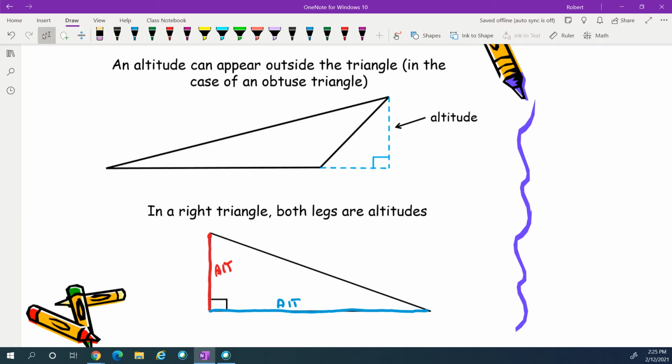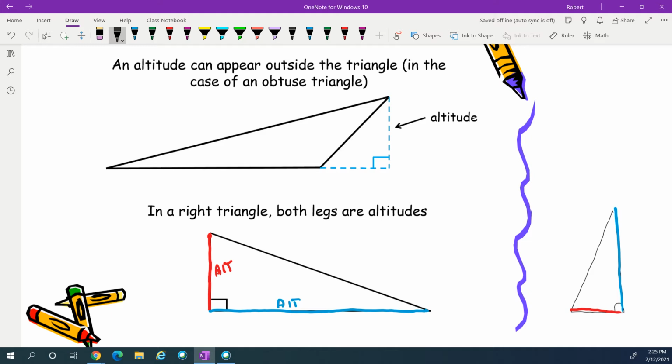The way the triangle is drawn right now, most of us would think of the red segment as the altitude. But if I rotated it, then most of us would think of that blue one as the altitude and the red one as the base of the triangle. So sometimes it depends on just perspective and the way the picture is drawn, but they both fit the definition. Altitude from the vertex perpendicular to the opposite side.